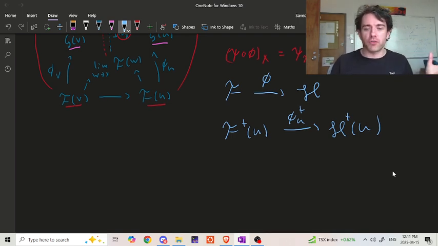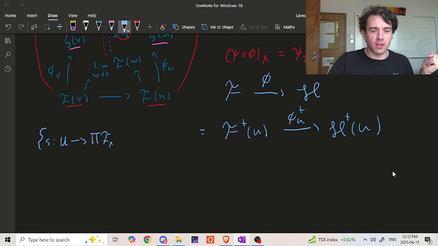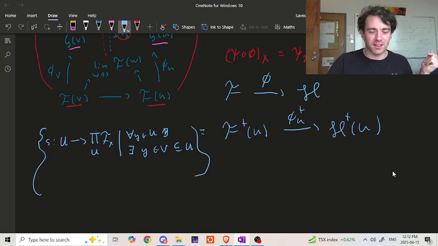So how could we define such a thing? Well, remember that F plus of U is defined to be all functions s from U into the product of stalks of F over U, such that for all y in U, there exists an open set V, which we can sandwich in between y and U, and some section t of F over that open set, where for every point z in that open set, the germ of t at z agrees with the value of the function s.